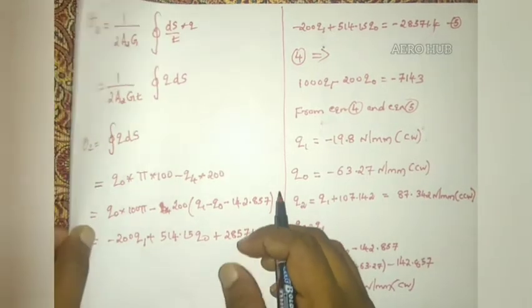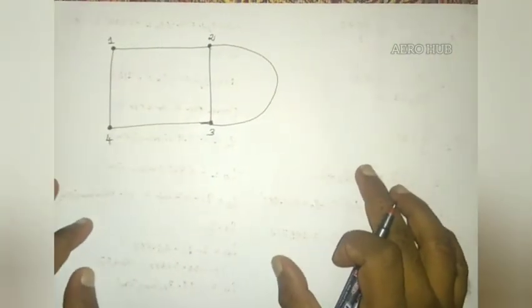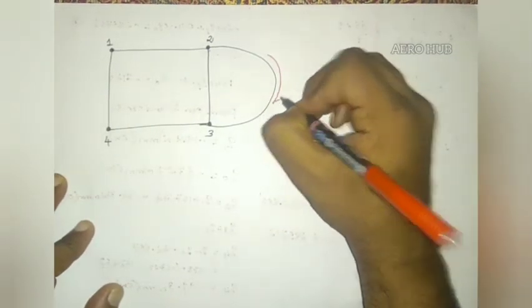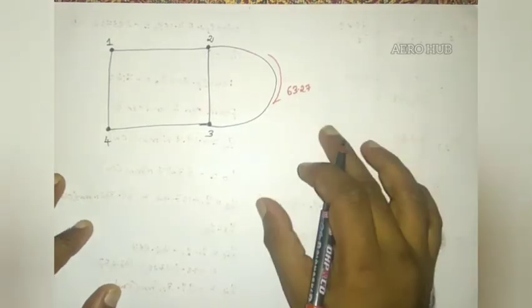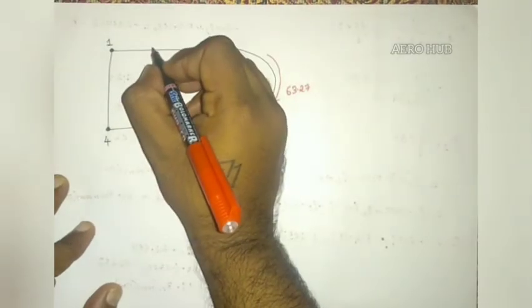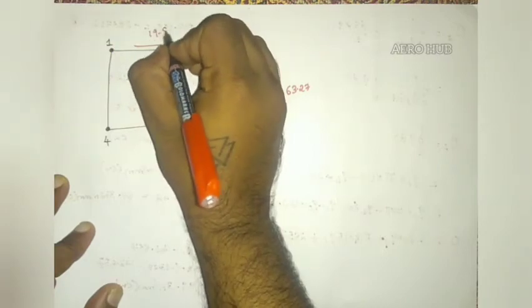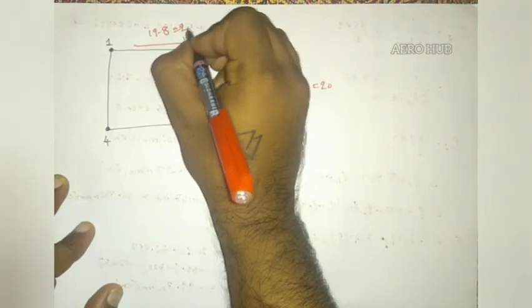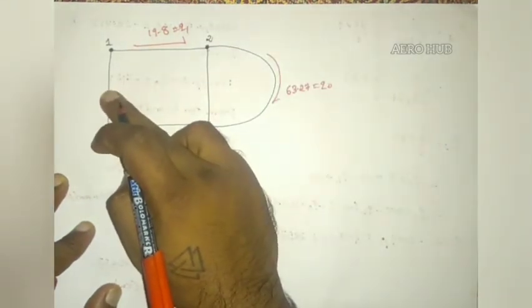Okay, now I'll plot the value. So Q0 is clockwise, so this will be in this direction, that will be 63.27, and this is Q0. And Q1 will be also in clockwise direction, that is 19.8. This is Q1, and Q2 is anti-clockwise.